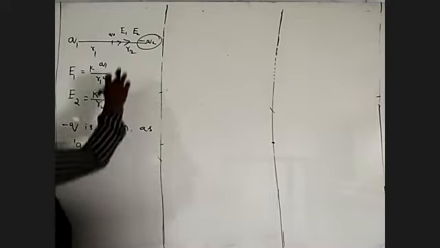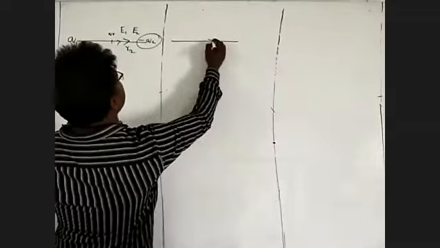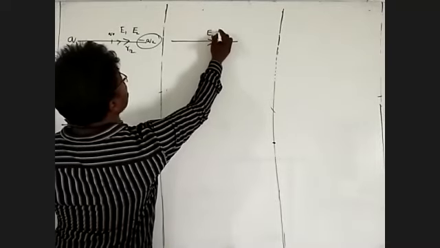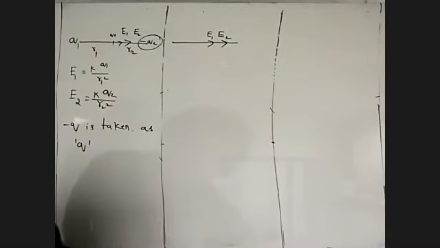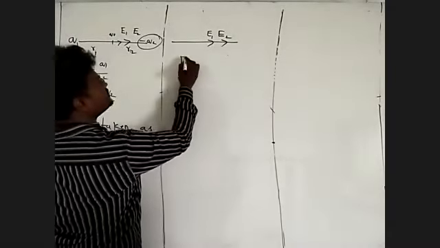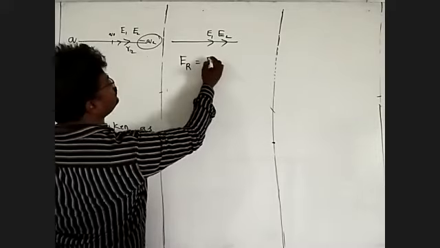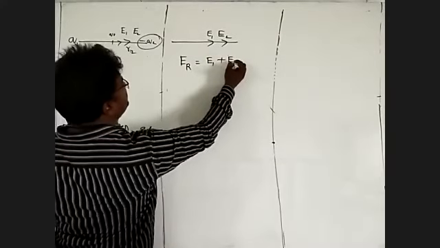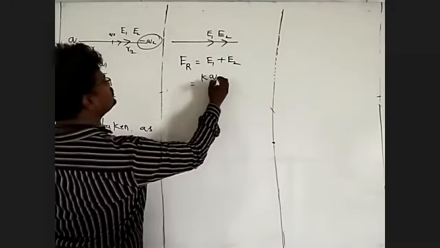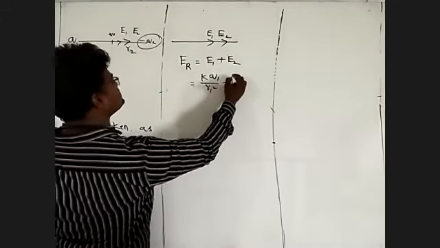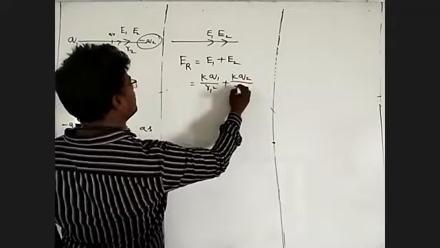Now we see both E1 and E2 on this line are in the same direction, so the resultant electric field is equal to E1 plus E2. That is K into Q1 by R1 squared plus K into Q2 by R2 squared.